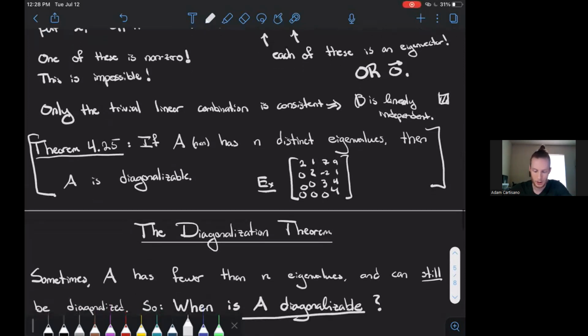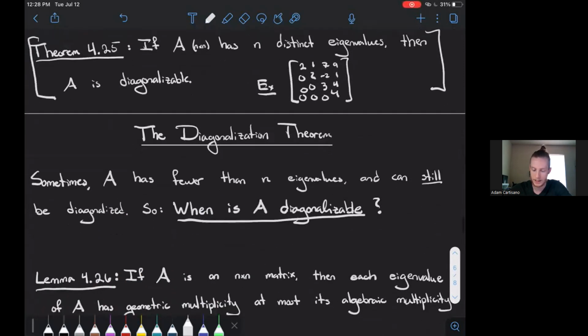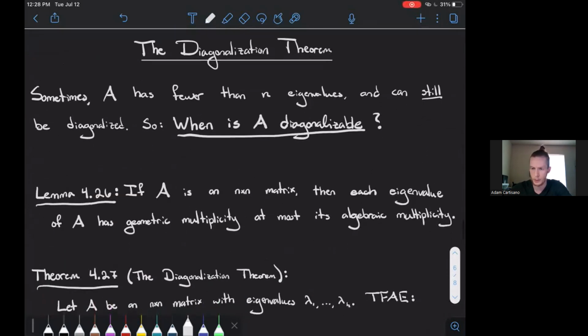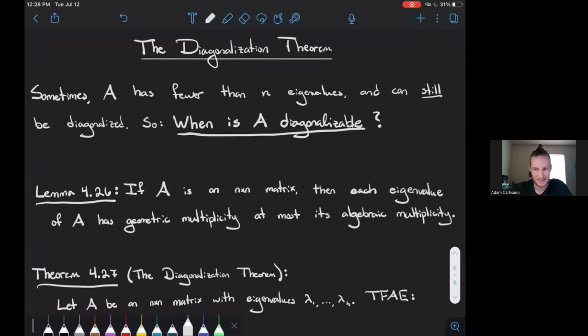That's a problem. So to solve that problem, we have the diagonalization theorem. And this will be the last theorem that we have, and then we'll have one example and call it. It's getting to be a long video. So the diagonalization theorem needs a bit of setup. So what is the situation? The situation is not bad. I just broke our happy example where we had 4 distinct eigenvalues, and I made it so that we only had 3 distinct eigenvalues. But in the example that we saw previously, there were only 2 distinct eigenvalues, right?